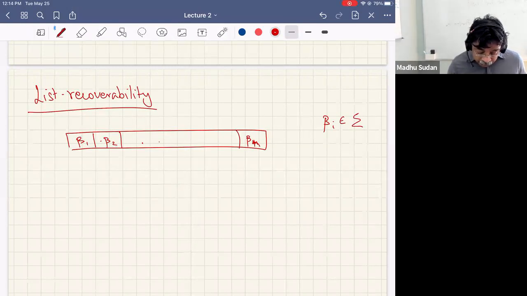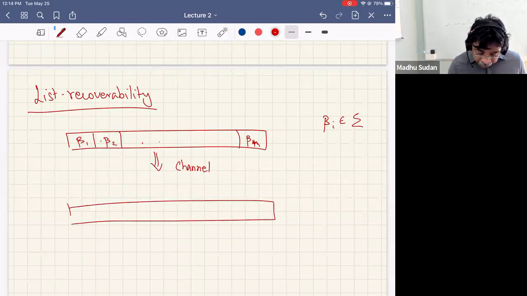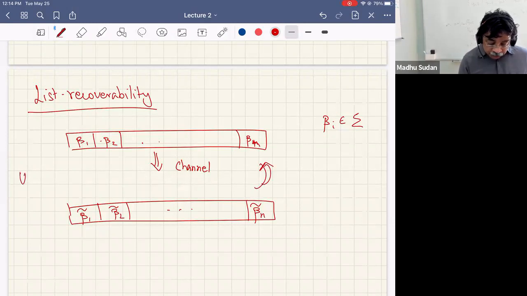Maybe we transmitted that, and then the noisy channel worked on it and we got beta 1 tilde, beta 2 tilde, and so on up to beta n tilde. Can you recover? This is the usual decoding problem, the usual list decoding problem.